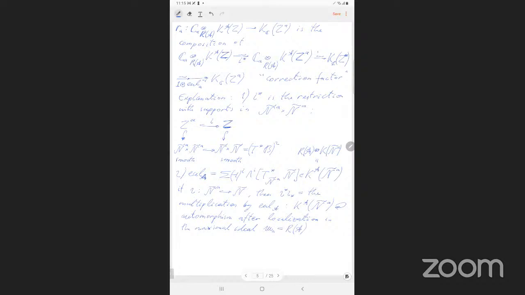Okay. So we're almost done. Now we can define the desired Euler class.